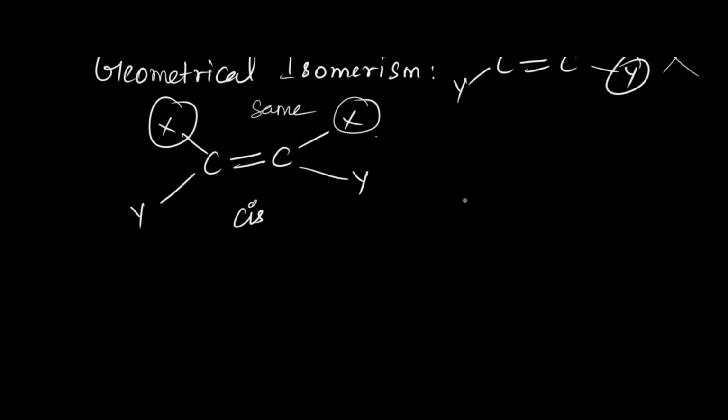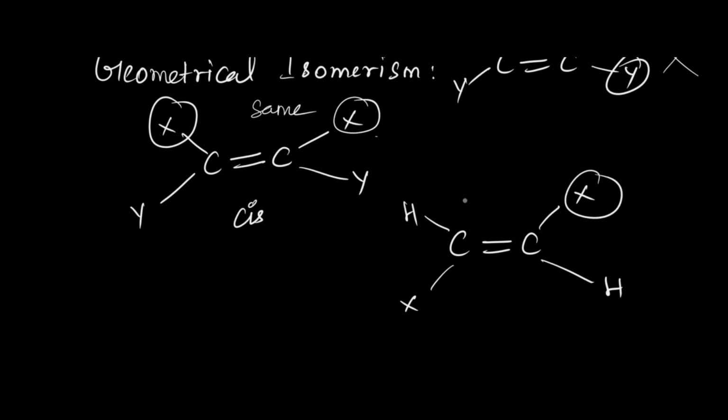Or if both the groups are on the opposite side, for example like this, then that is called trans. These have the same molecular formula and structure, but they have different configurations.